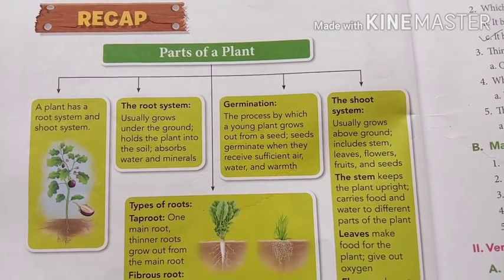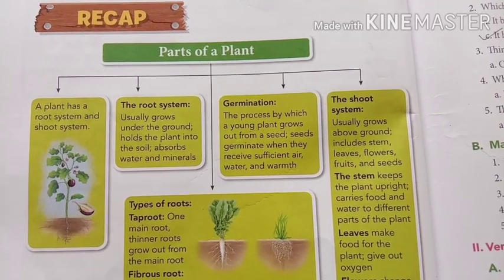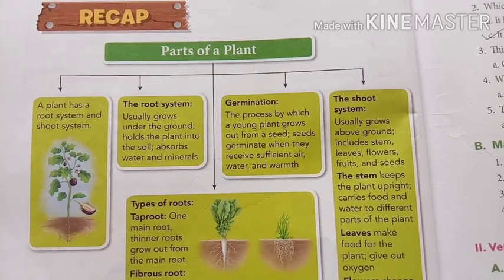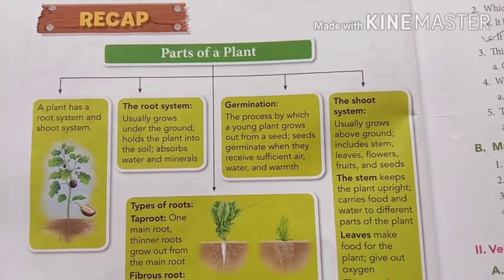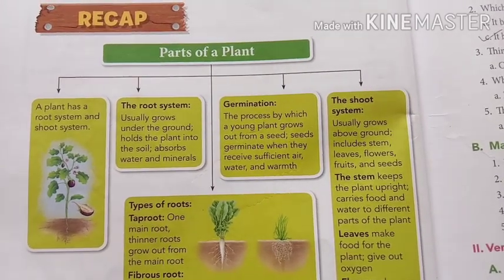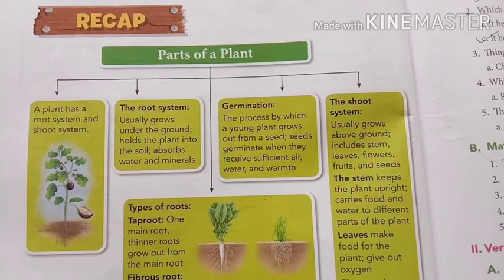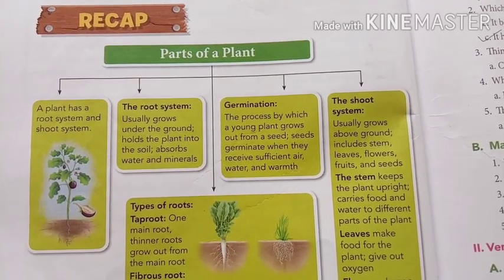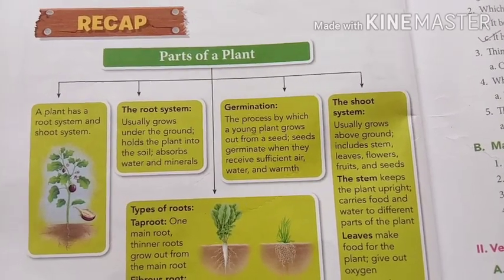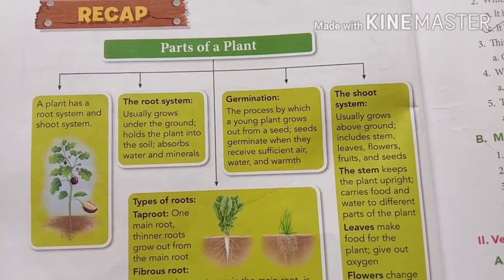Today, in this video, we are going to recap the full chapter, right? And then we will start with section 1. So, in this chapter, we have learned about plants, right? And their parts and how they have their own functions, right? So, a plant has a root system and a shoot system.